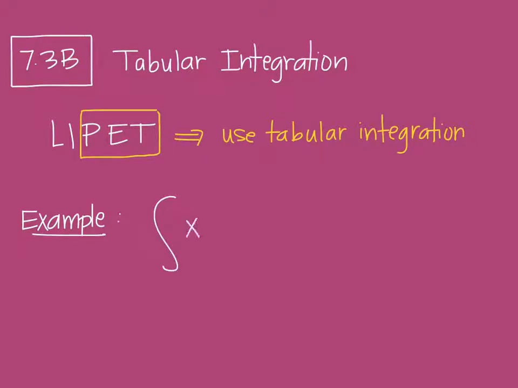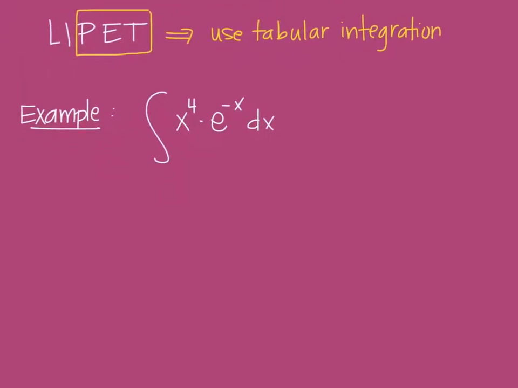So suppose you had x to the 4th times e to the negative x dx. Traditional integration by parts would require you to do that process 4 times because of the 4th power of the polynomial. So this is a PET. We're starting with a polynomial paired with an exponential. And so we're going to condense the process of integration by parts down into something a little simpler. But we still start with the same setup.